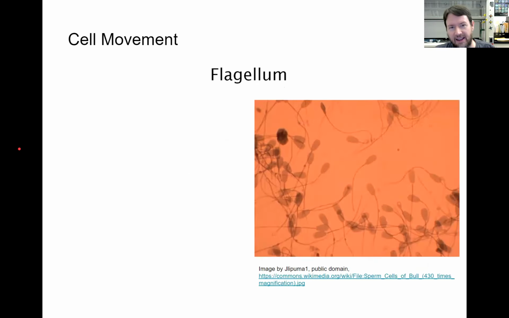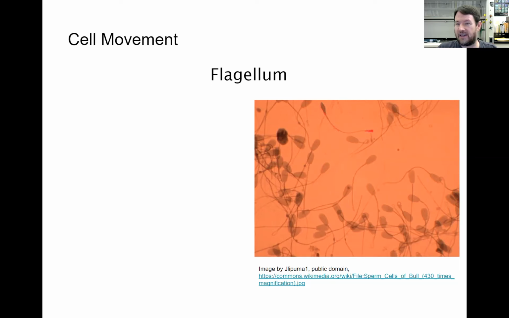Okay, there's other types of cell structures that allow movement. A singular would be called a flagellum. Plural would be flagella. Most of the time we only see one flagellum, although some protists might have a few flagella on a single cell. So here we have sperm cells, and there's this tiny little head that is most of the cytoplasm and the DNA, right?